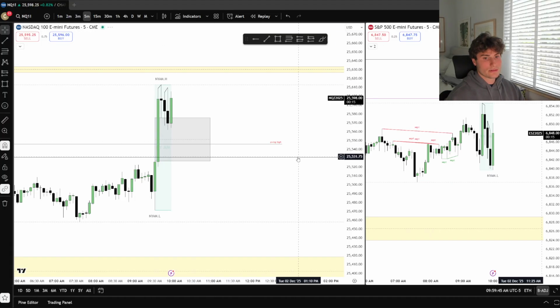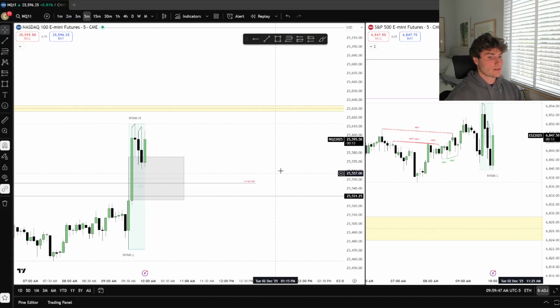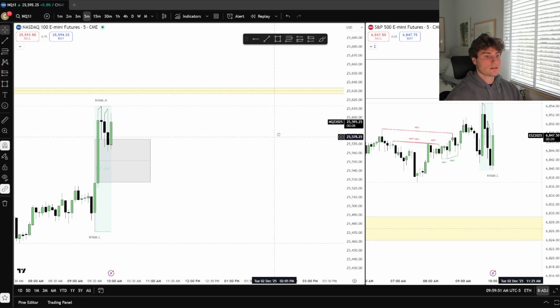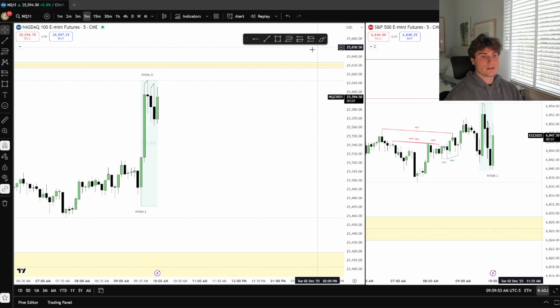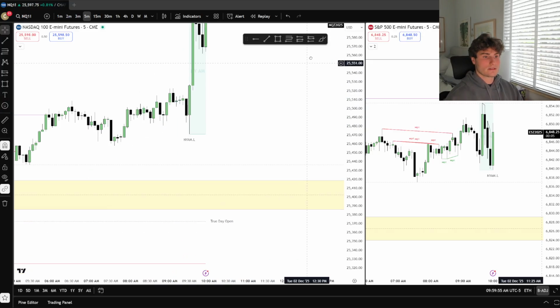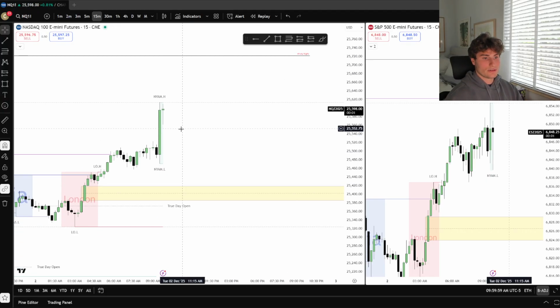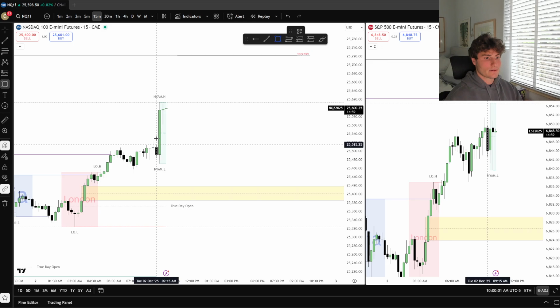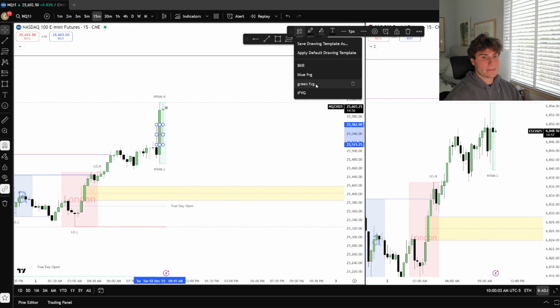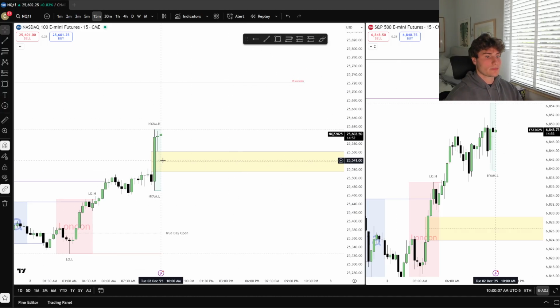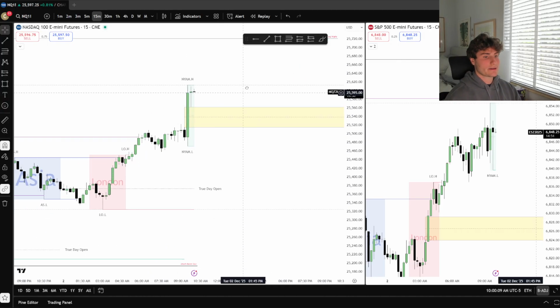This candle's about to close, and we have inversed this 4 hour bearish gap. So now what I'm looking for is a long from this new 15-minute fair value gap. I want a long from here to this equal high.